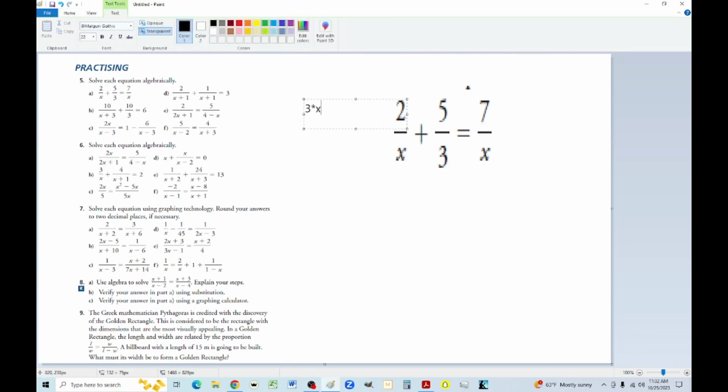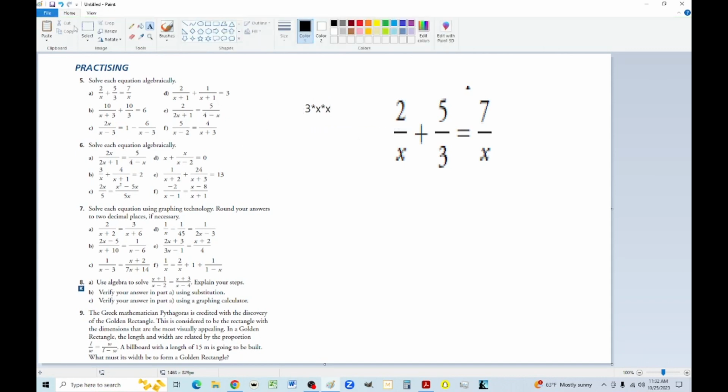So 3 times x on the left side, and 3 times x on the right side. On the right side, it's clear that one of the x's will disappear. And on the left side, you have to distribute it. So it's going to be 3 times x times this, and 3 times x times that, with the plus in between them.